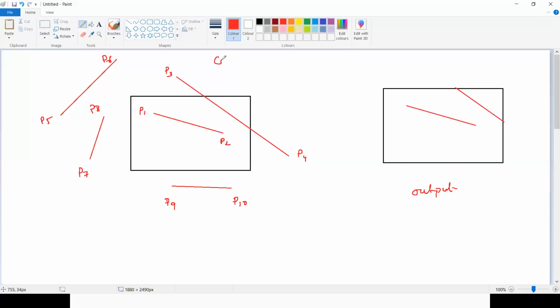So I am writing it: Cohen-Sutherland line clipping algorithm. This algorithm we will learn now.